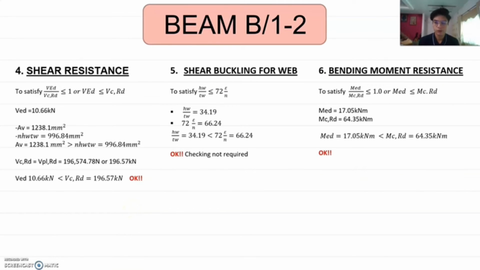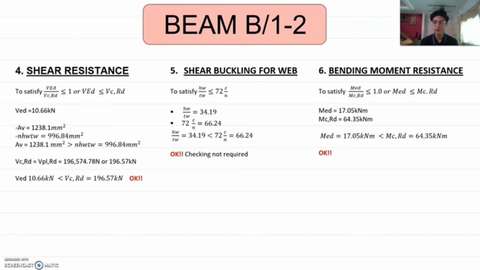In this slide, we're going to have a look at the fourth, fifth, and sixth step. The fourth step is the shear resistance. We need to satisfy VED must be lesser than VCRD. The VED that we got from the previous step is 10.66 kN. AV is equal to 1238.1 mm square, and NHWTW equals 996.84 mm square.